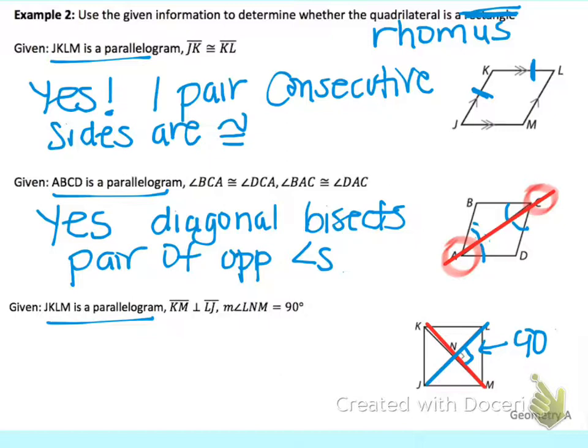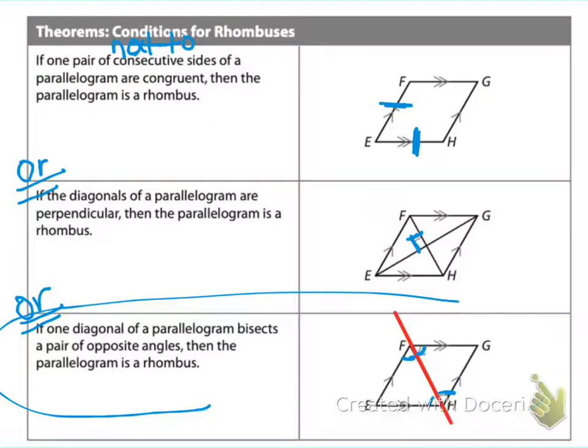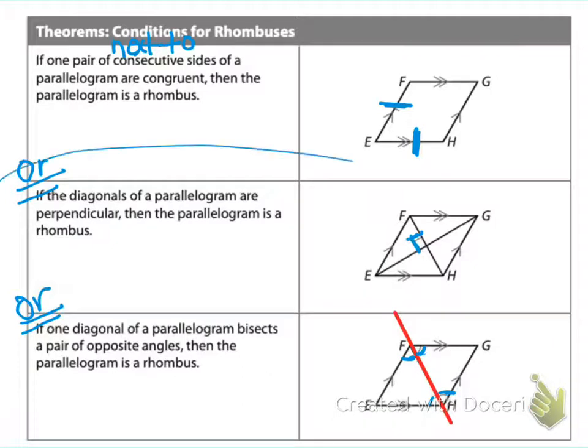There definitely seems to be agreement here that this is a yes. And if we refer back to the theorem, the reason for that is this one right here in the center. If the diagonals of a parallelogram are perpendicular, then the parallelogram must be a rhombus. So it meets that.